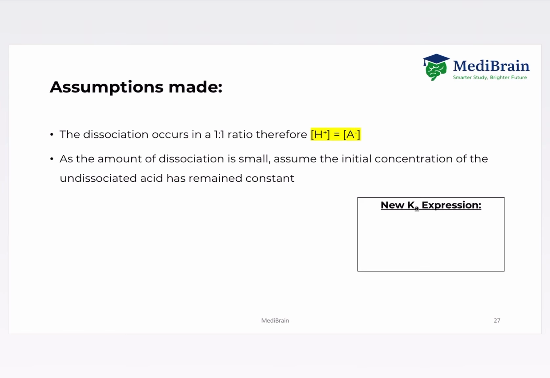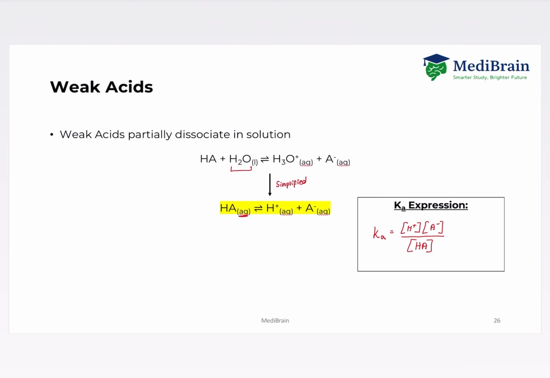Okay, now the dissociation for a weak acid occurs in a 1-to-1 ratio. So remember, over here in this equation, where from HA, we're dissociating it into H plus and A minus, and this is for a weak acid. We assume that the dissociation splits equally.